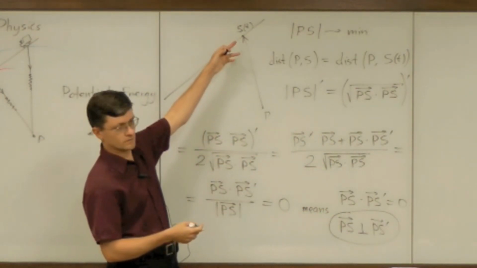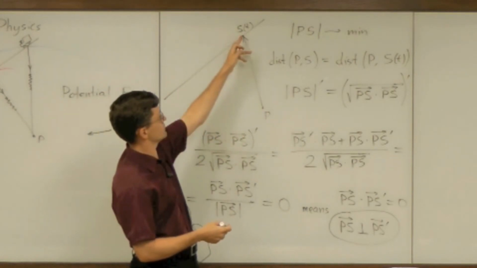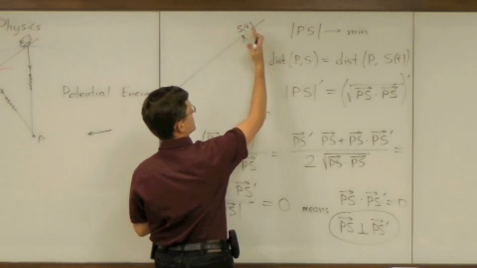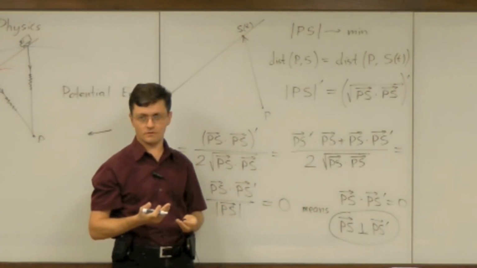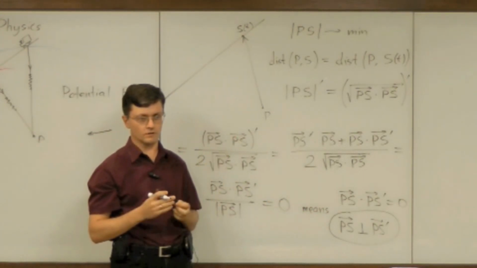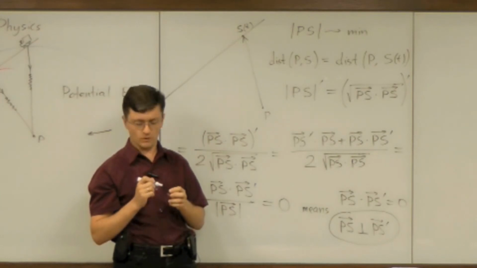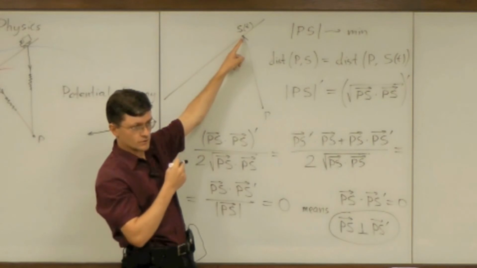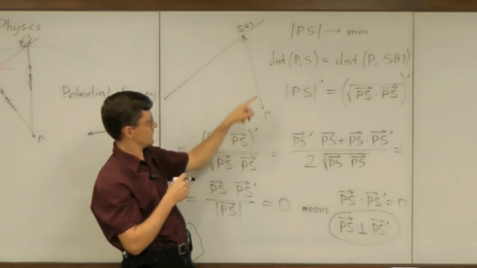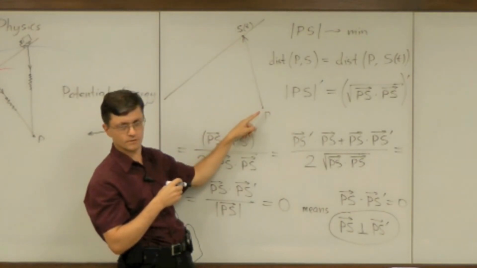Now can we see that? So what is PS? Well, PS is basically a vector from P to S, and it changes as S moves. What kind of vector is PS prime? Derivative of PS with respect to t. Well, the way to think about it is that if you think of PS being a position vector, just pretend P is the origin of the coordinate system.